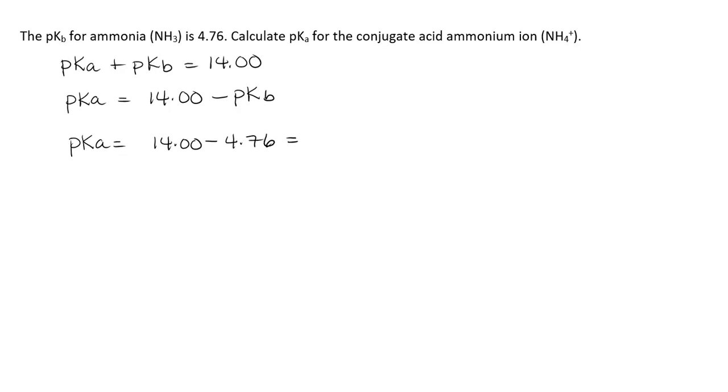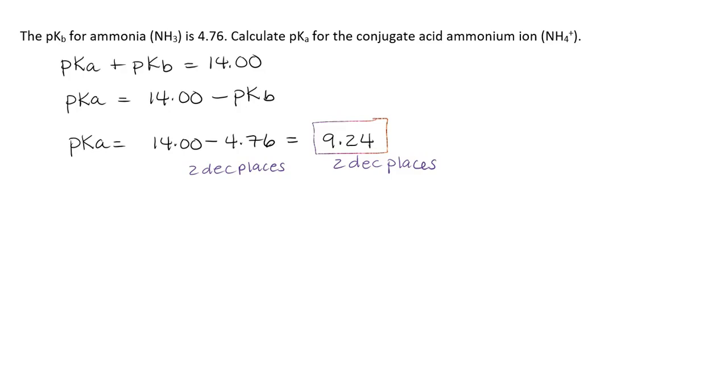Both values have 2 decimal places, so our final result will be rounded to 2 decimal places as well. Doing the math, 14.00 minus 4.76 gives us 9.24 for our pKa. I'll make a similar comment as I did in the previous example.